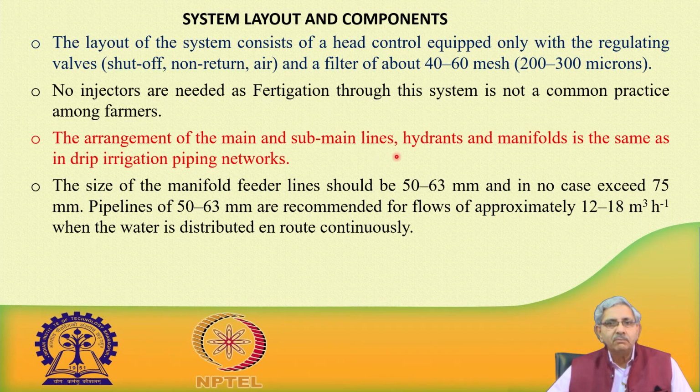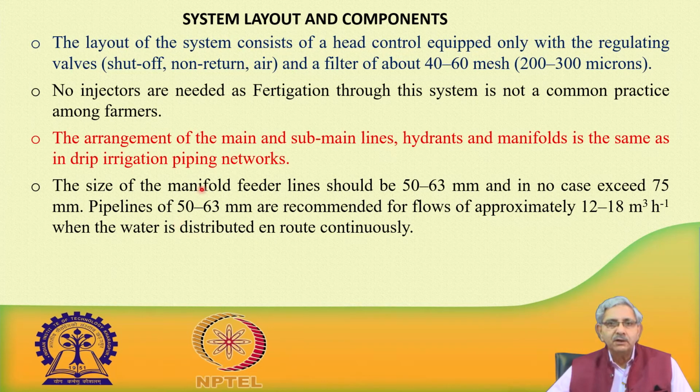The arrangement of main and sub main lines, hydrants, and manifold is the same as a drip irrigation piping network. The size of the manifold feeder lines should be 50 to 60 millimeter, and in no case should it exceed 75 millimeter.